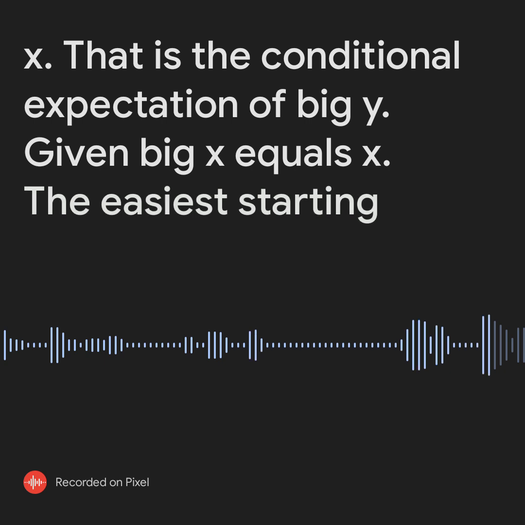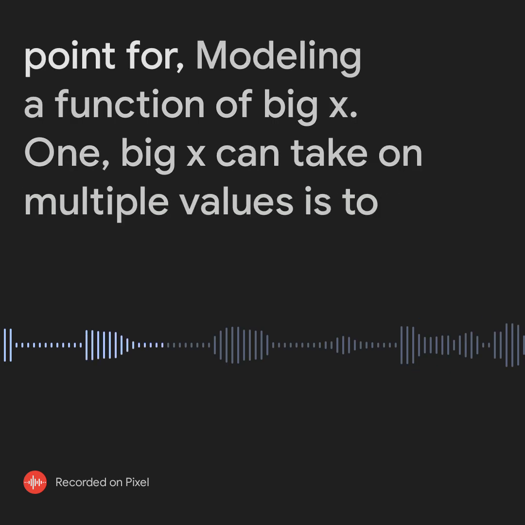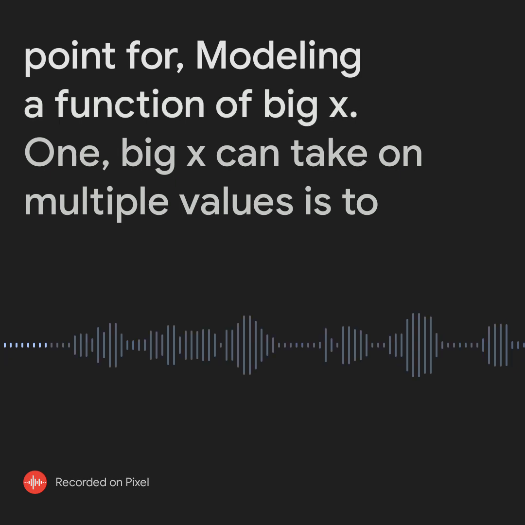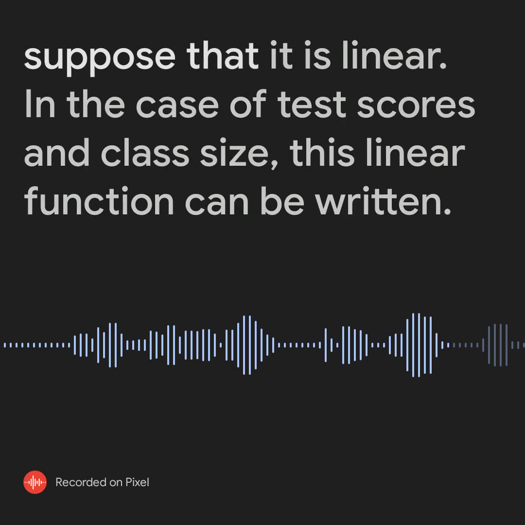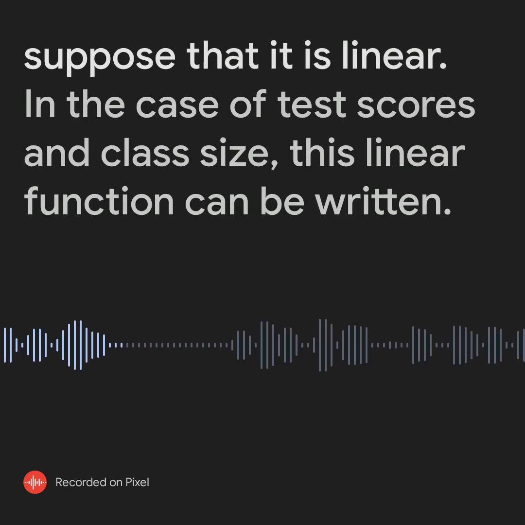The easiest starting point for modeling a function of big X when big X can take on multiple values is to suppose that it is linear.